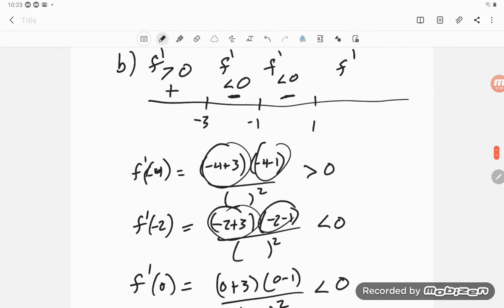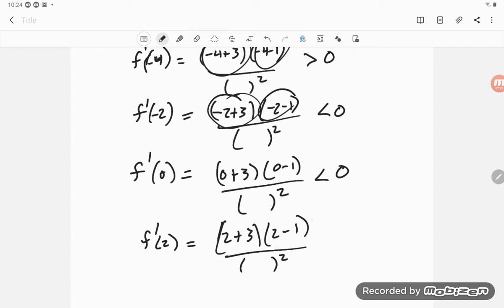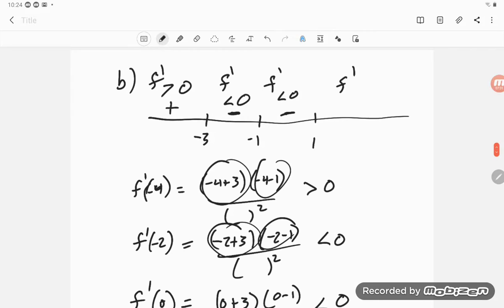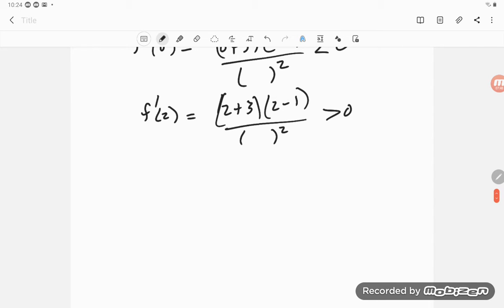And then finally look at f prime at 2. And I have 2 plus 3 times 2 minus 1 over something squared, and both the terms in the top are positive, so that's positive. And so this is greater than 0. So as I look for relative max and min and so forth, I'll kind of redraw this again.